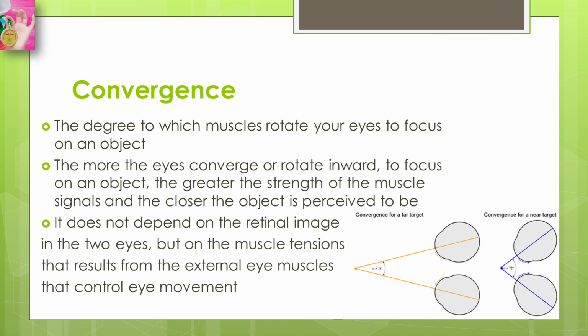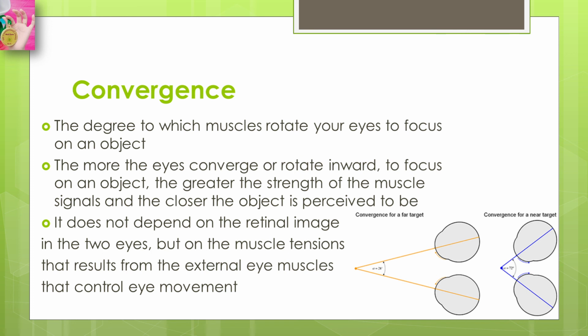Another important binocular cue to distance is a phenomenon called convergence, and convergence refers to the fact that the closer an object, the more inward our eyes need to turn in order to focus.